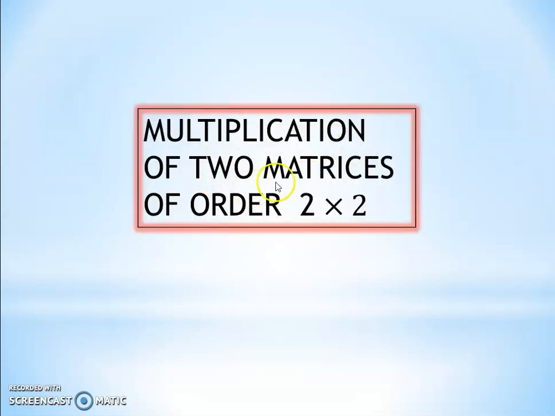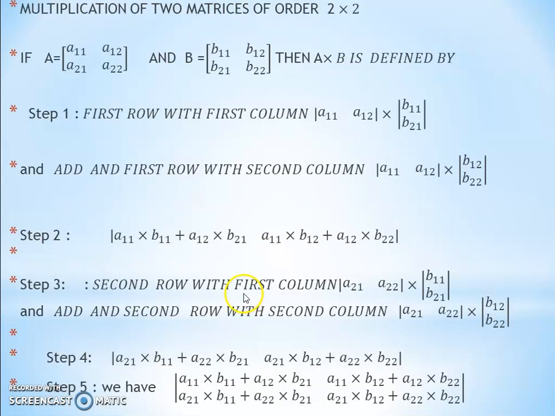So, multiplication of two matrices of order 2 by 2. First, if A is equal to [a11 a12; a21 a22] and B is equal to [b11 b12; b21 b22], then A into B is defined by step number 1.